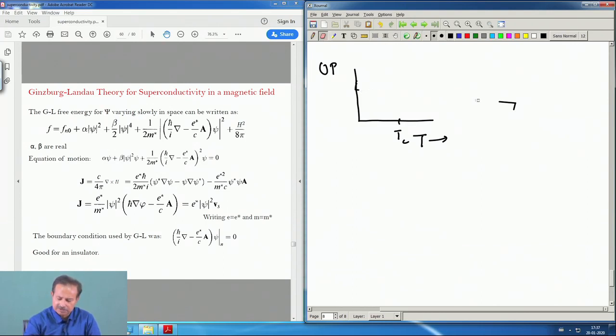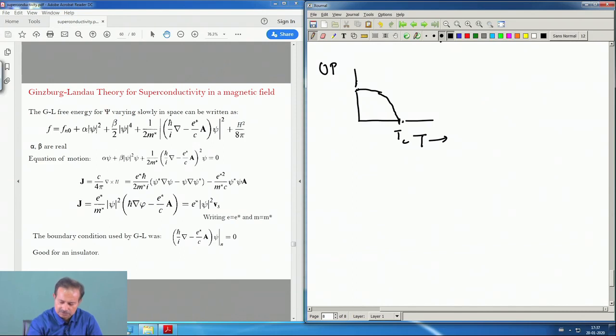We have seen that this order parameter is non-zero in the ordered state, and like in the spin case, it was magnetization or staggered magnetization for an antiferromagnet. This generally follows a behavior like this, sorry. It goes down to 0 at T equal to Tc.